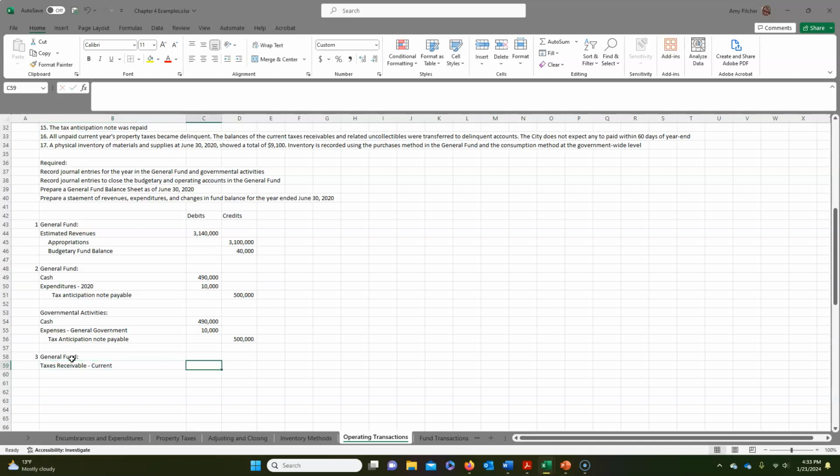Taxes receivable current of $2,150,000. We are going to say that 3% is uncollectible.